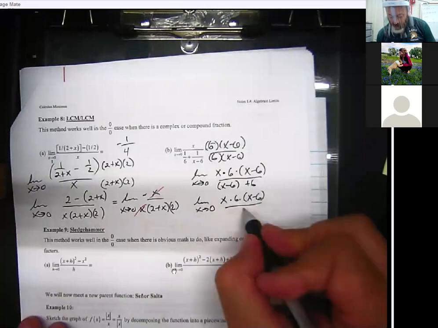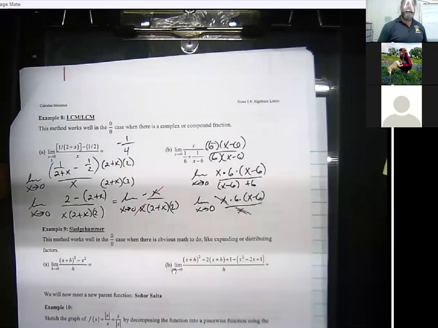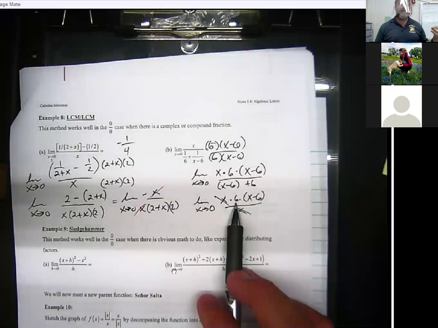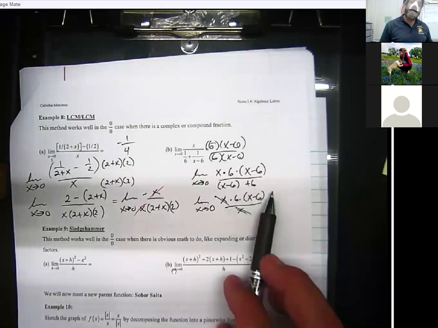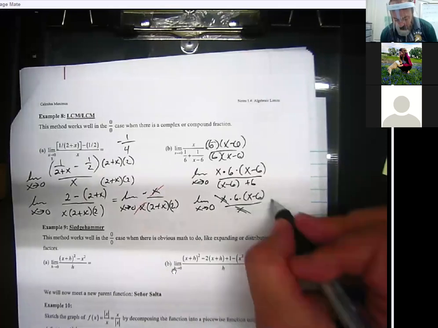Just x. So those are going to cancel as long as I don't physically touch it. As I get really close to 0, that is still a 6. And what is that? A negative 6. So 6 times negative 6 looks like negative 36. That looks like we actually got what we wanted.